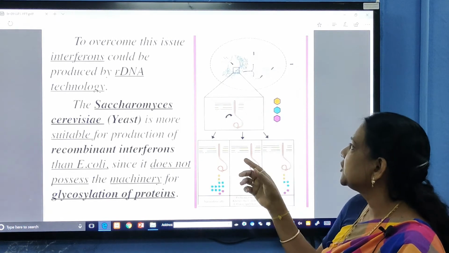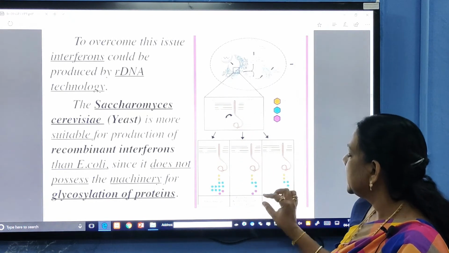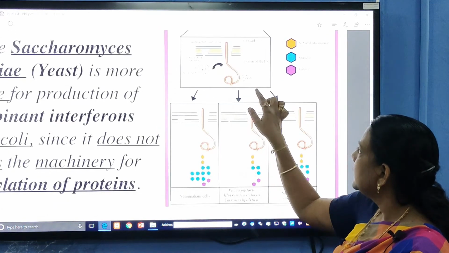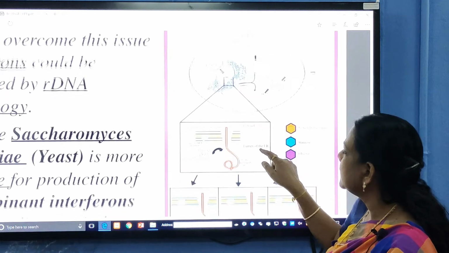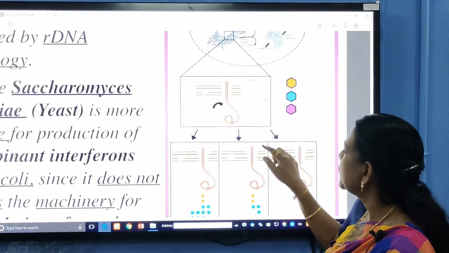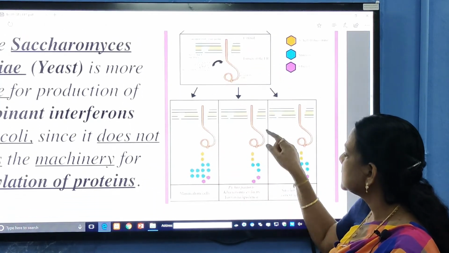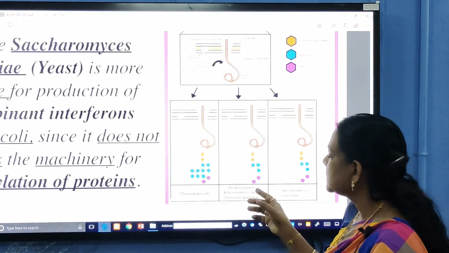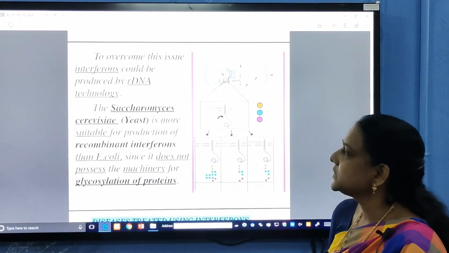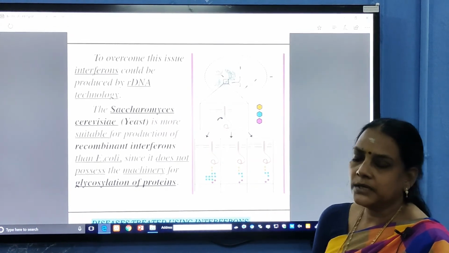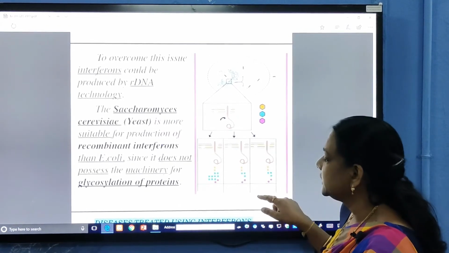You can see the picture here, how they were able to get each and every step. First it enters inside, and after that, step by step, the production and glycosylation process takes place. So our agenda is to get the interferons by rDNA technology.